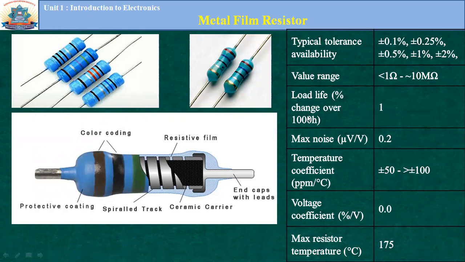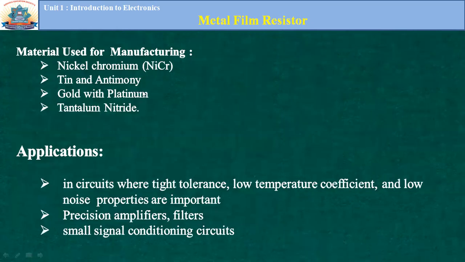Metal film resistors are manufactured with materials like nickel chromium, tin, antimony, gold with platinum, and tantalum nitride. Applications are in circuits where tight tolerance, meaning less variation of resistance, low temperature coefficient, and low noise are required. That is why it is used in precision amplifiers or filters for better small signal conditioning circuits.